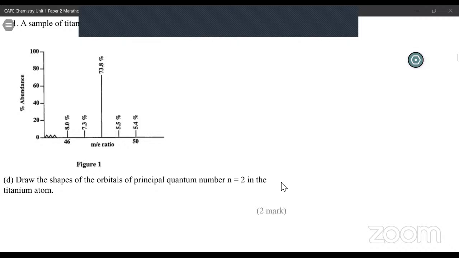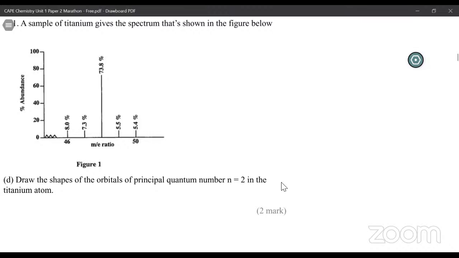You need to draw the shapes of the orbitals that are in the principal quantum number where n is equal to 2 in the titanium atom. In the quantum level n equal to 2, we know that we had 2s2 and 2p6.